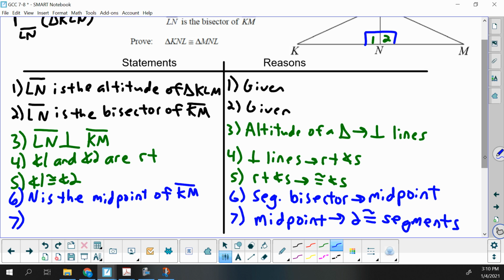Well, if N is right in the middle of KM, that's going to give us KN congruent to NM. And because we said something's congruent, we'll mark it in our picture.